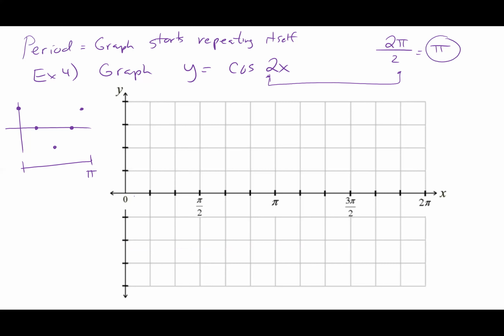So for cosine, I start off at 1, 0. And then it's going to have to go down and come back up when it hits pi, because that's what this means. Okay, so I know cosine, I know what that means.